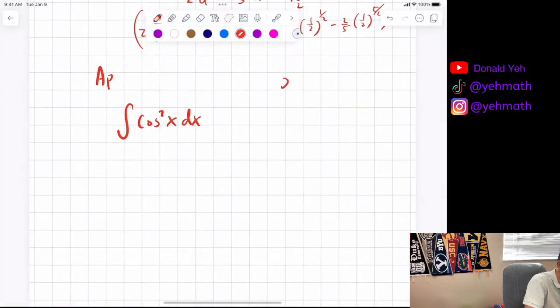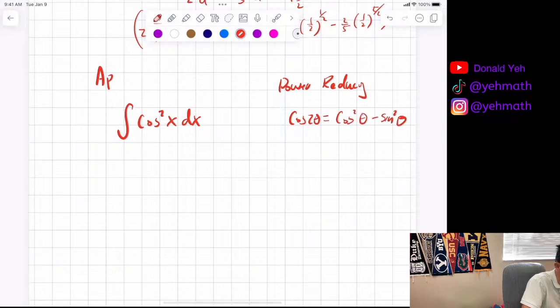First of all, you have to know what power reducing is, which is, I start with cosine 2 theta equal to cosine squared theta minus sine squared theta. This is one of the easiest to remember. But I can replace the cosine squared with 1 minus sine squared, so it'll be also another one. It'll be 1 minus 2 sine squared theta.